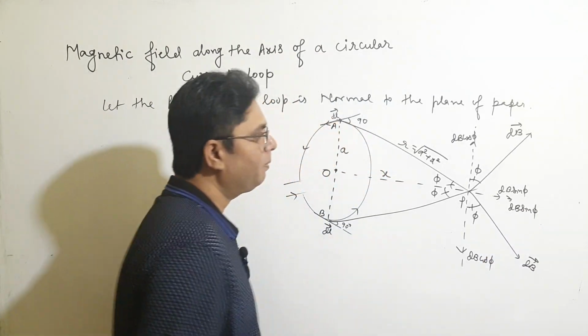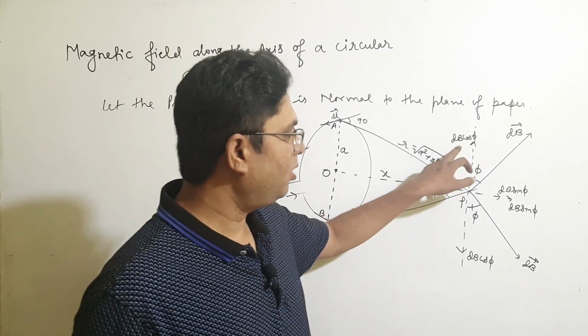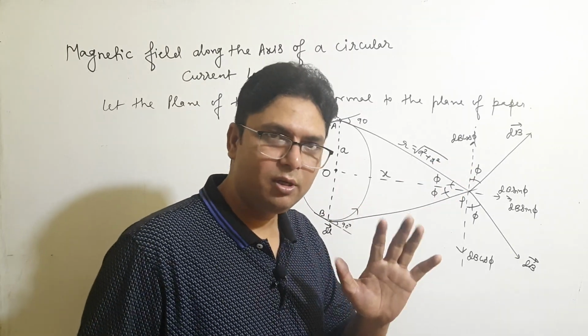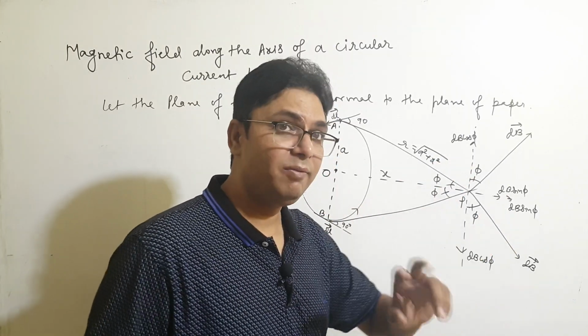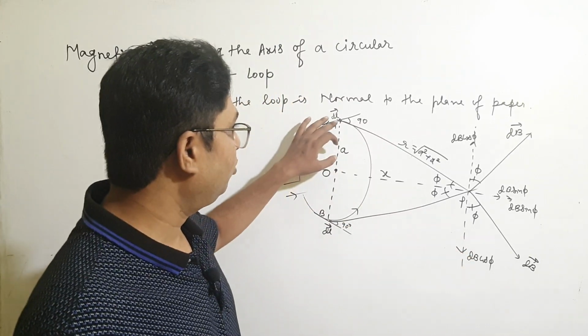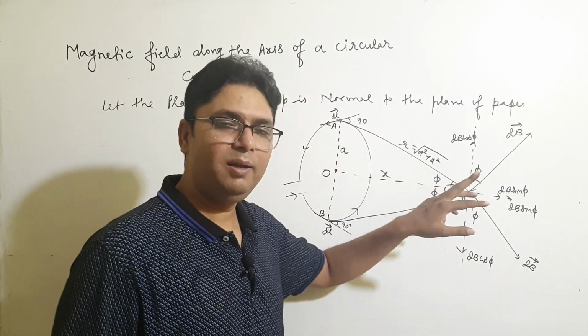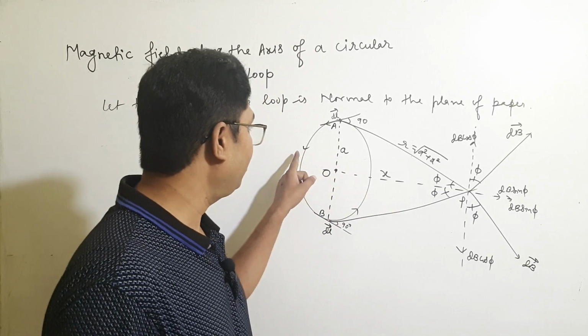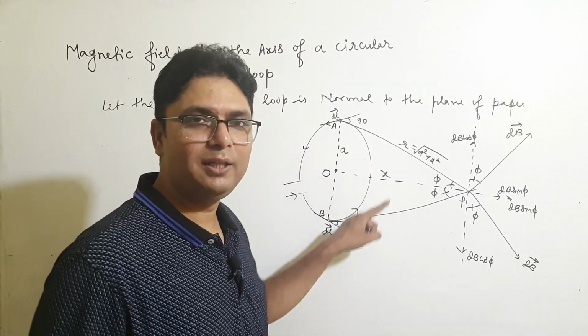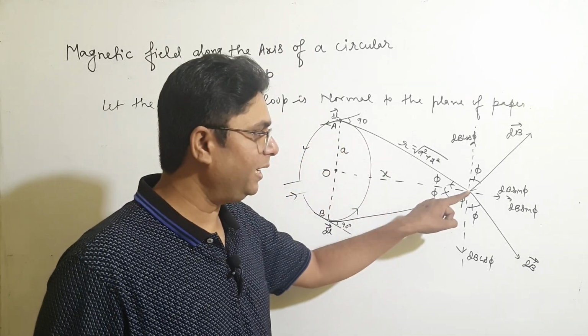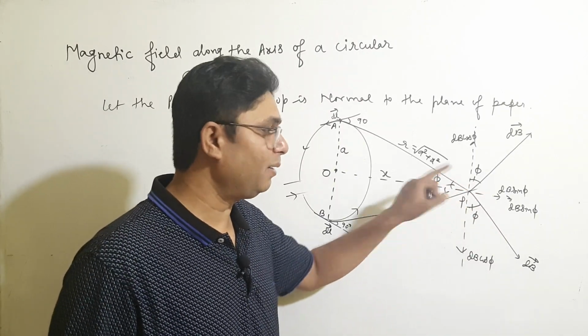From this diagram, it is clear that dB cos phi and dB cos phi cancel out, but dB sin phi adds. So when you take two points, you have dB sin phi plus dB sin phi. Here you have an infinite number of points in this loop.